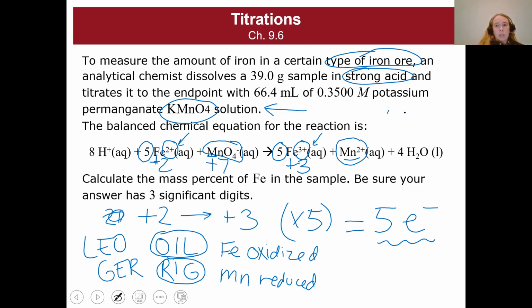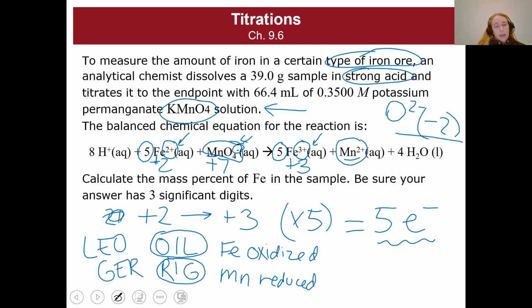Remember, oxygen is almost always a 2 minus, so it's almost always a -2 oxidation number. So the sum of all of those oxygens and the manganese is going to equal -1 because it's a -1 ion. So you guys should practice that.